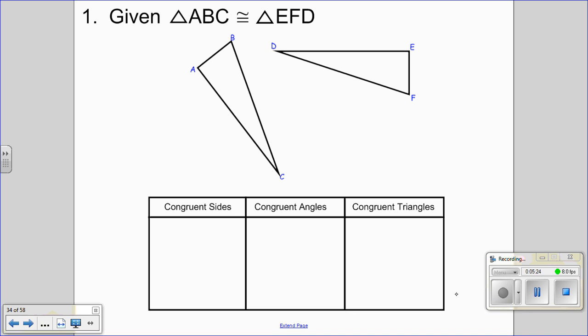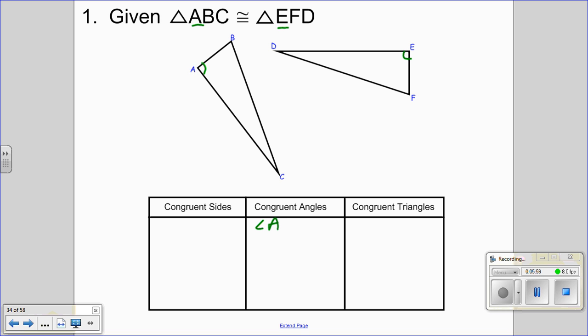So we were given our first example, triangle ABC is congruent to triangle EFD. So that means all the corresponding parts are the same. The first thing I would do is start with the corresponding angles. That's usually easiest. Corresponding parts will be in the same location when you read the triangle name. For example, angle A is first, so it will match up with angle E, which is also first from the second triangle. So those will be congruent.